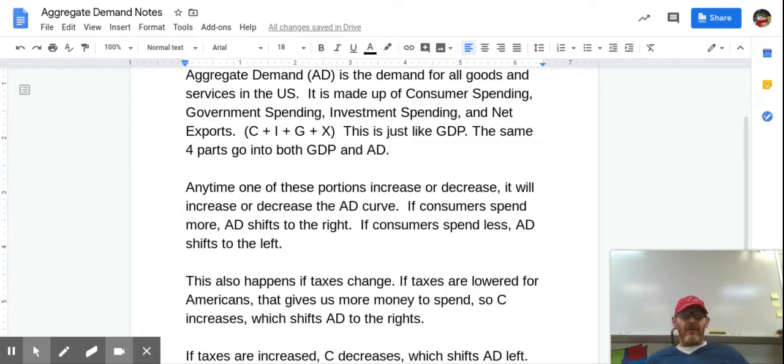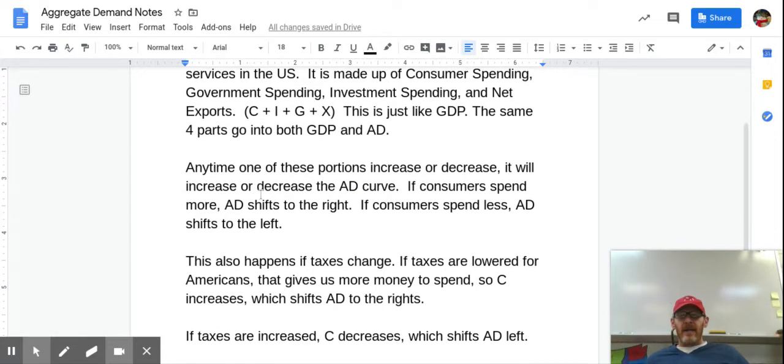So, for example, if we start spending a lot more money on goods and services, then the AD curve will shift to the right. If we start spending less money on goods and services, then it'll shift to the left, right?